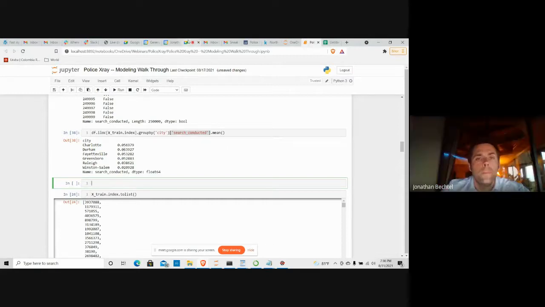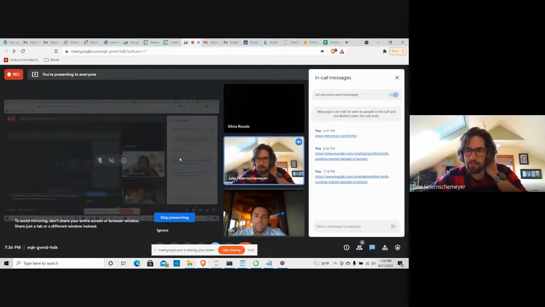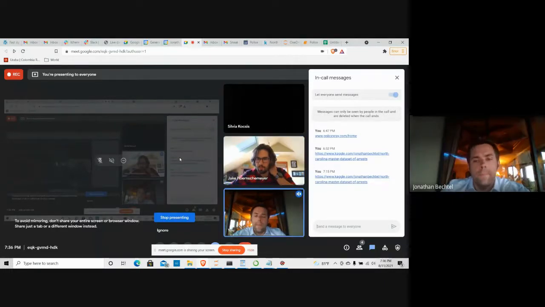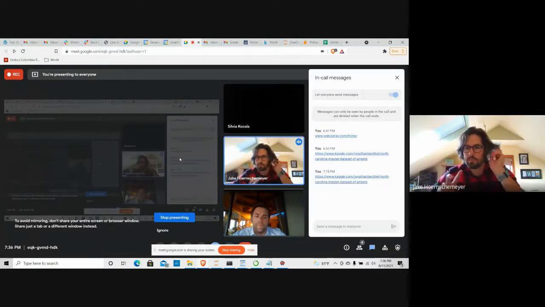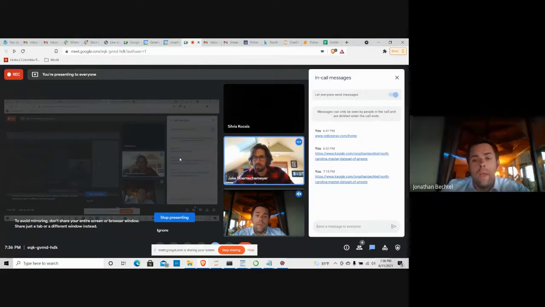Would a target encoder say 0.05 for both of them? Would it be possible to assign the same encoded value to both? No, it doesn't actually try to create unique values. So if Charlotte and Durham were both exactly 0.05, they would get assigned the same value.